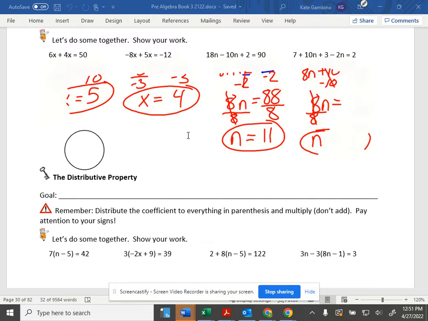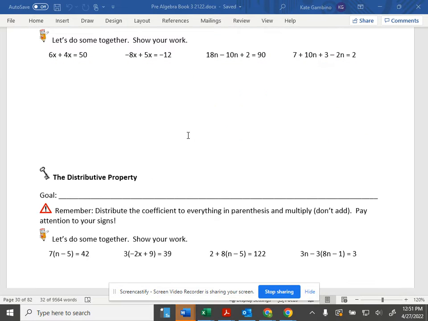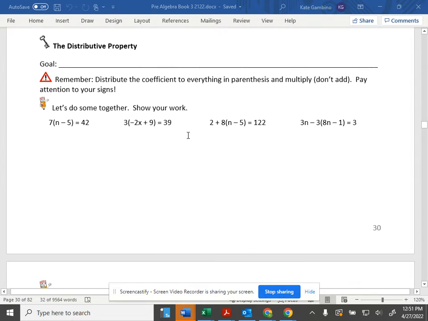Let's look at what it says on the bottom here about the distributive property. We worked with that distributive property. We talked about it the last 2 days. What is our goal of that distributive property? What did we do, Leah? Like, what were we getting rid of?